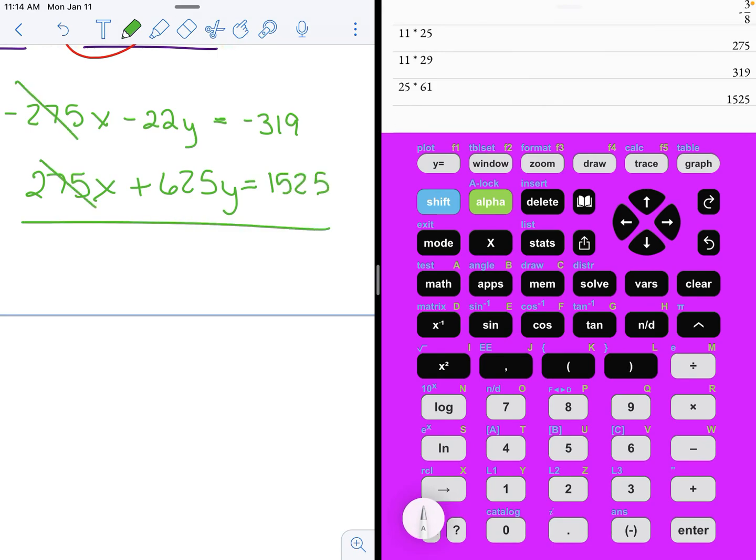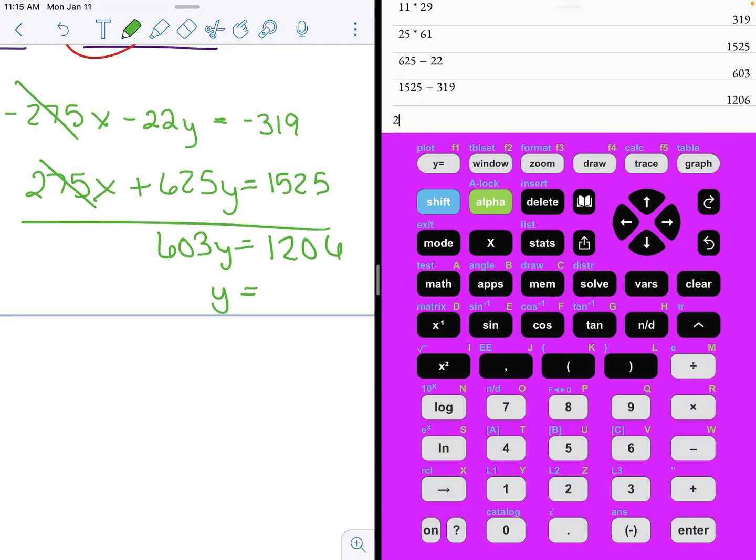So those cancel, and 625 minus 22 is 603y equals 1525 minus 319, which is 1206. Divide that out and you'll just get 2.